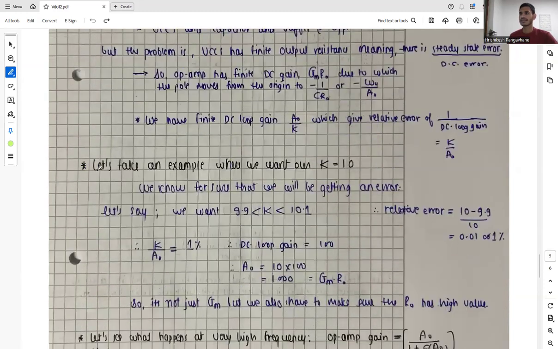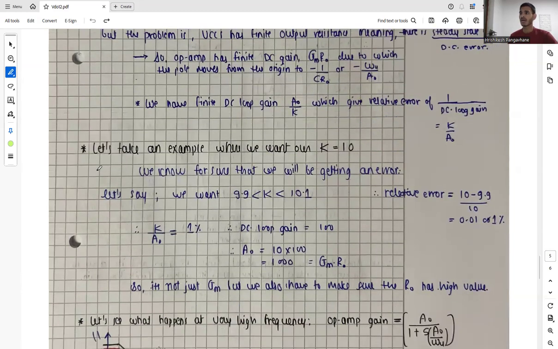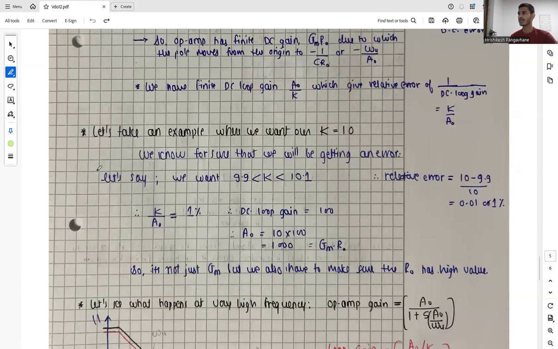So now let's take an example where we want our K to be 10. Now we know for sure that we will be getting an error, and let's say that error is 1%. So we want our K from 9.9 to 10.1, and thus the relative error comes to be 1%. So if we are talking about relative error, which is K by A naught, which is 1%, and we want our K to be 10, the DC loop gain comes out to be 100, and thus A naught comes to be 1000.